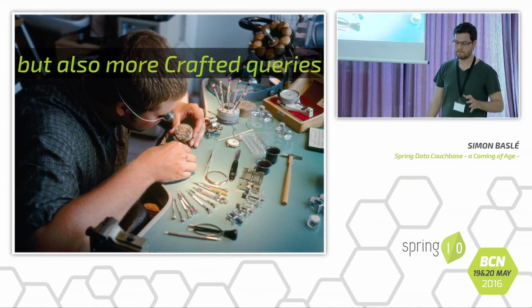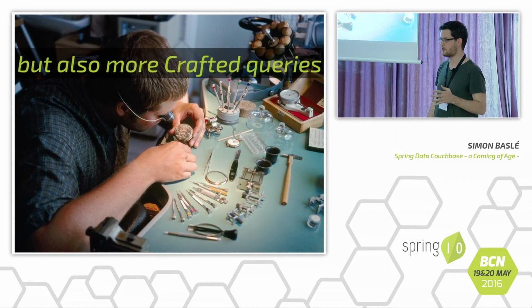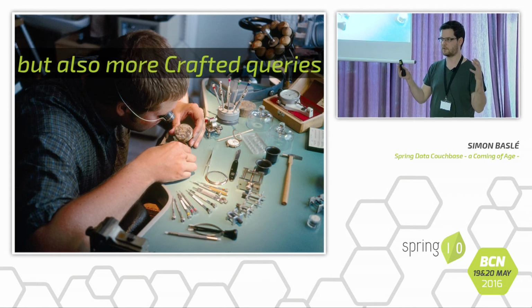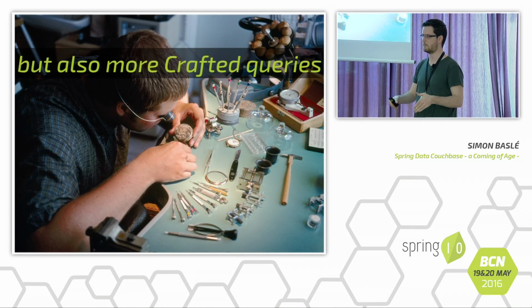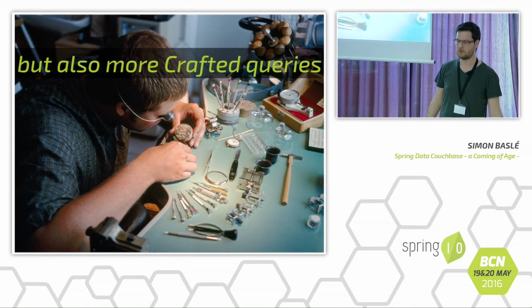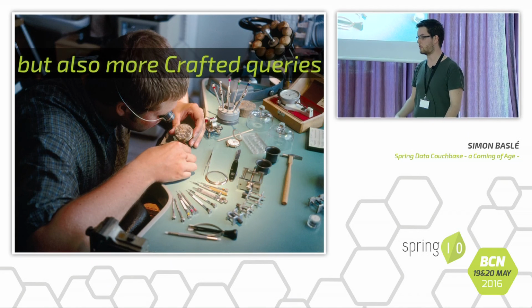Couchbase is schemaless. So if you have a repository of users and a repository of cars, both entities could be stored in the same bucket, in the same backing database. You have a mix and match of documents.